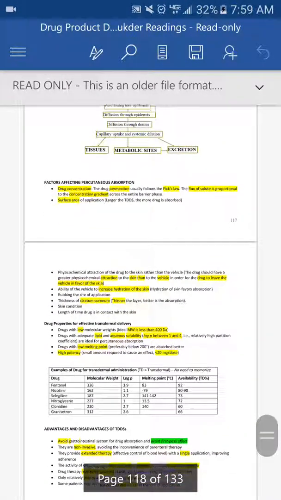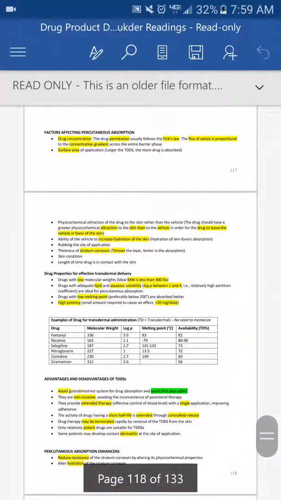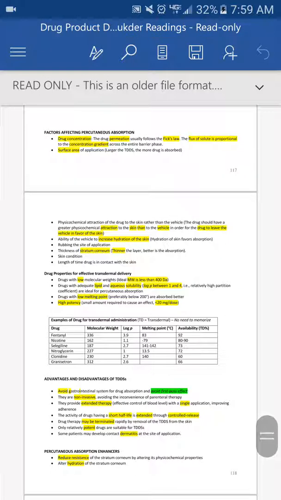Factors affecting percutaneous absorption. Drug concentration, so a highly concentrated drug. Drug permeation usually follows Fick's law. The flux of solute is proportional to the concentration gradient across the entire barrier phase.